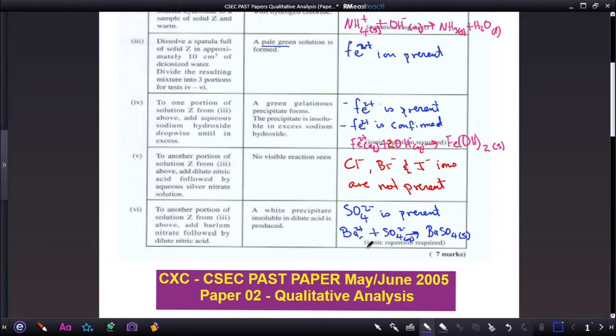Same thing for the barium, aqueous. The equation is already balanced, so we don't need to add anything else. So that would complete the table for this particular year.